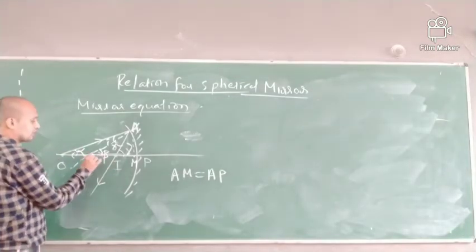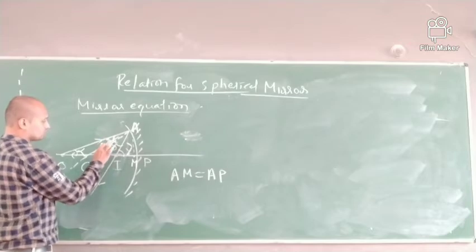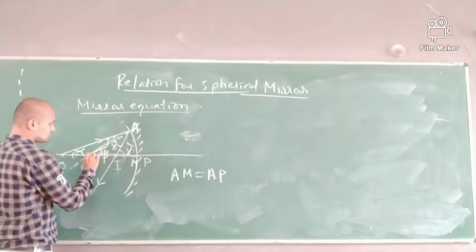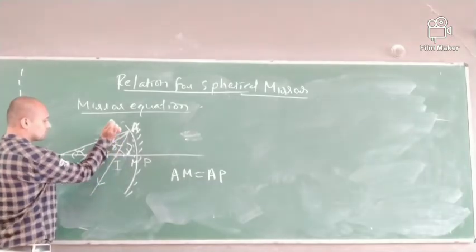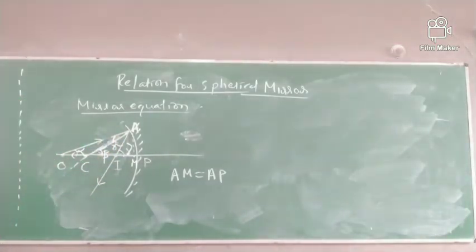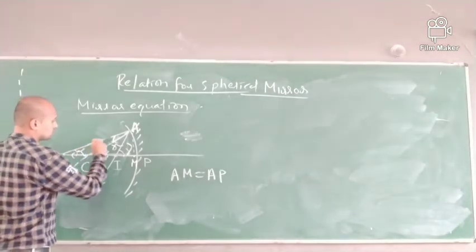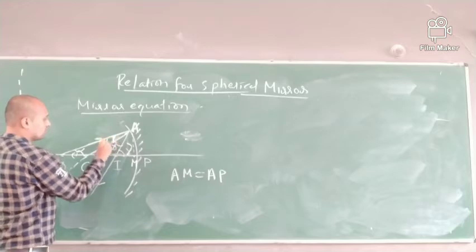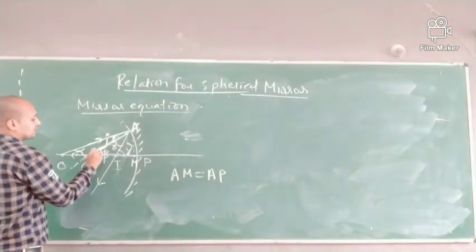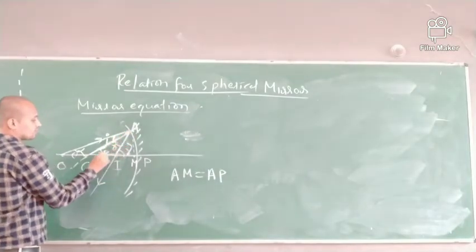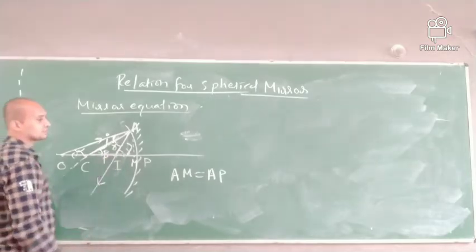If you observe this triangle, sum of two interior angles is the exterior angle.